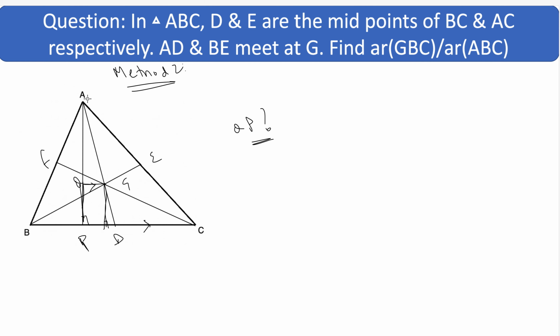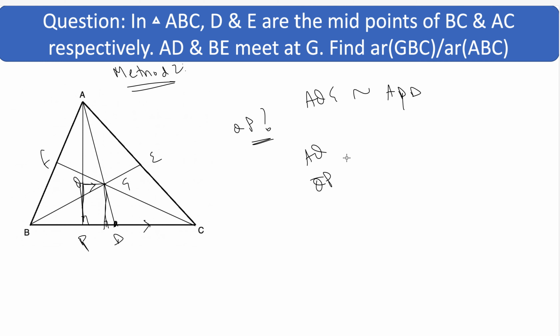QP, now see this triangle ADP. Okay, ADP, this point is D. Now these two triangles are similar. AQG is similar to triangle APD. So what do you get?